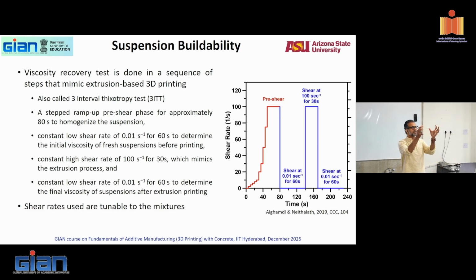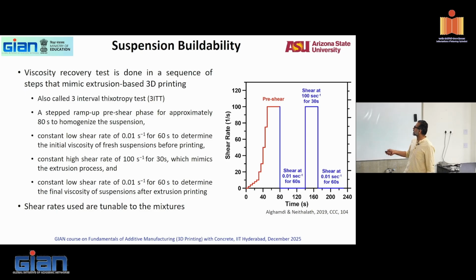The mixture that was sitting in the extruder is now suddenly being extruded, right? Shear is very high. You extrude it under a very high shear, and that is mimicking the extrusion process. And then a constant low shear rate of 0.01 per second after extrusion, at rest, a very, very low shear rate.